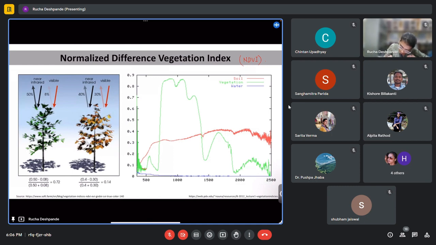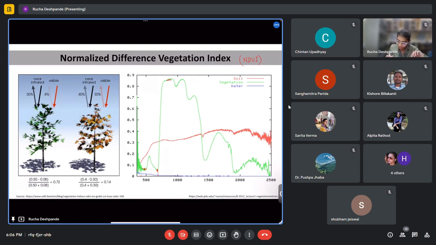This is the visible range, and we see that there are two absorption bands, and after that we have the near infrared range where the vegetation shows very high reflectance. So this index is used to monitor the vegetation health. We'll look at how it does that.